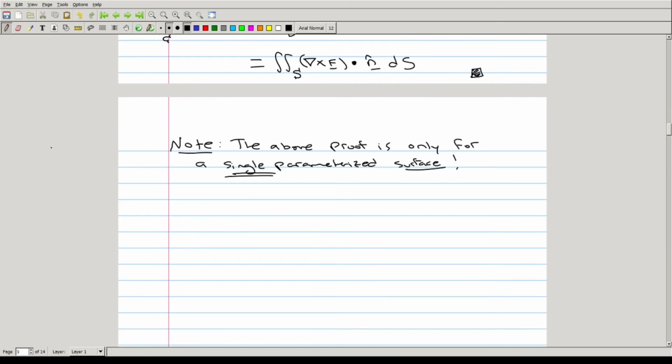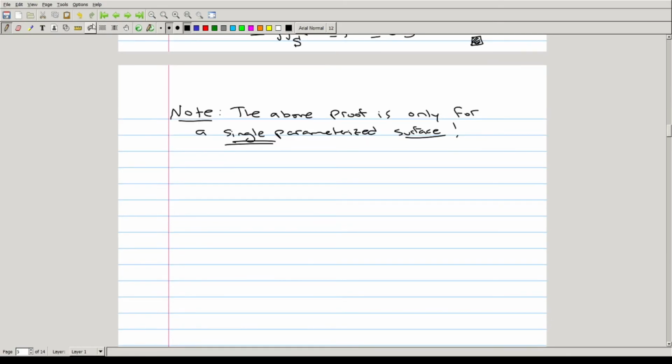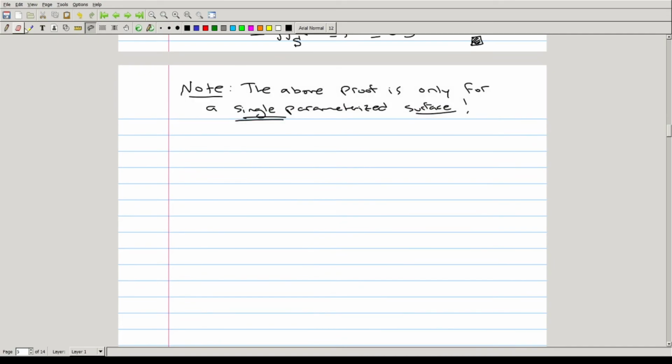However, this is not too much of an issue, because as it turns out, this happens in general: circulation will in general cancel. This is an important thing to always consider.